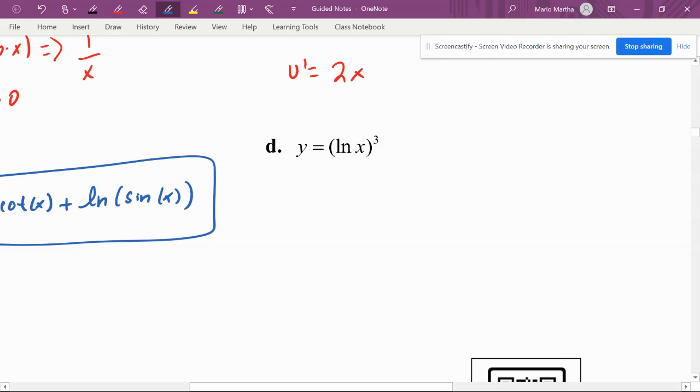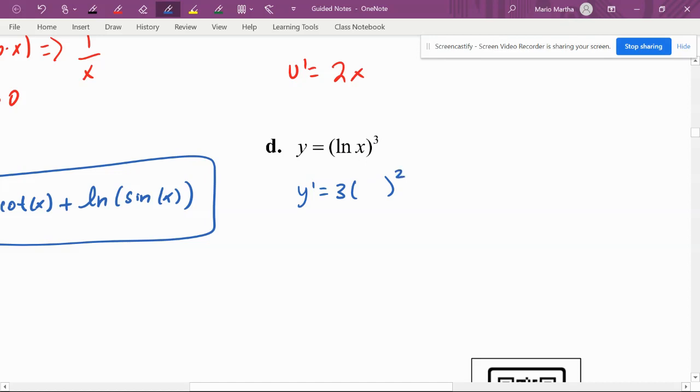On D, we already have something raised to the third power, right? So the natural log of x raised to the third power. Here again, in this case, I have to apply the chain rule. So the derivative of the outside, right? If you cover this up again, n is 3, and then your exponent is 2.